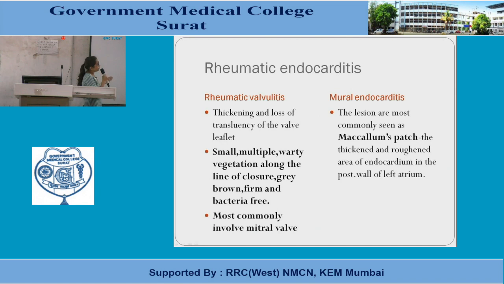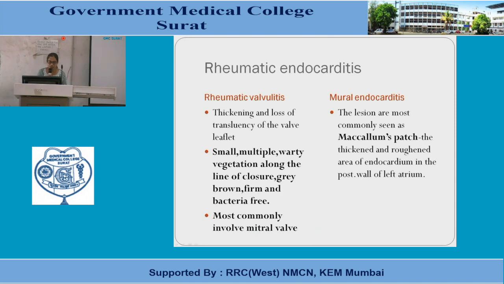There is thickening and loss of translucency of the valve leaflet. There are small, multiple, verrucous vegetations along the line of closure, which are firm and sterile. Here the most commonly affected valve is the mitral valve, followed by aortic, tricuspid and rarely pulmonary valve.